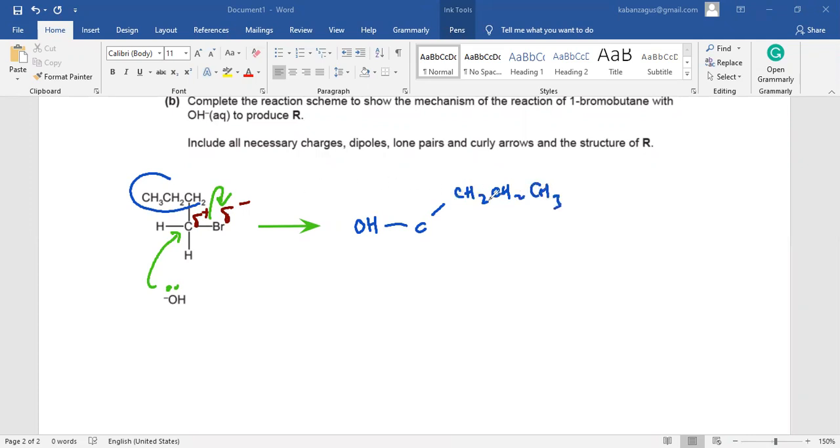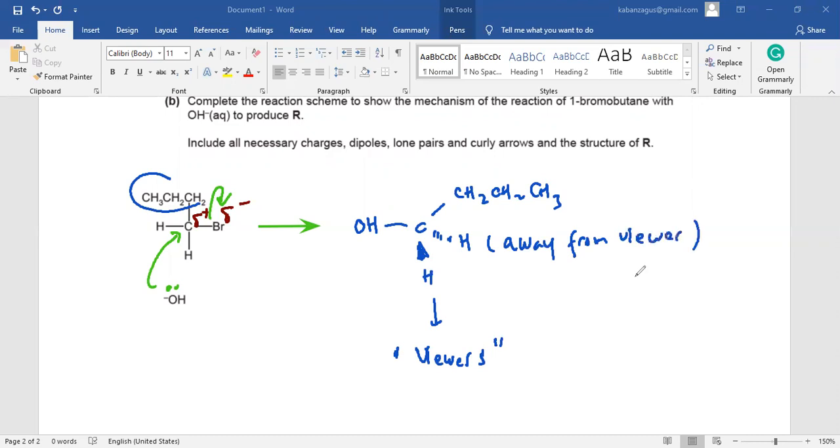So CH3, CH2, CH3, and of course, because we can visualize this one in three-dimensional structure, this H will be pointing away from you, and this dash line means this H is going toward the viewers. So that's actually how you do it.